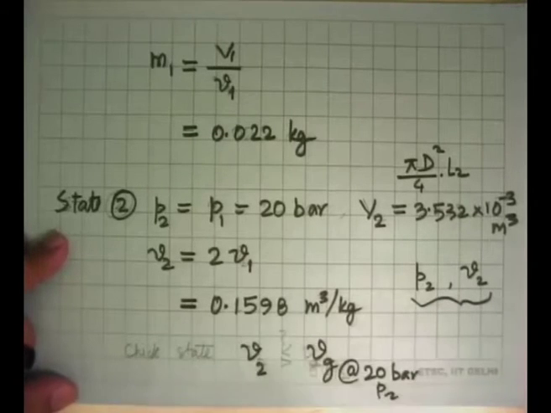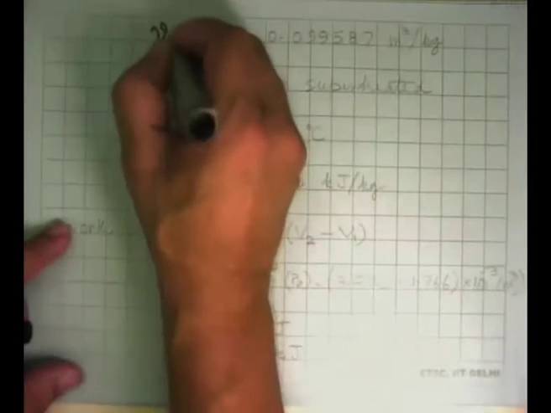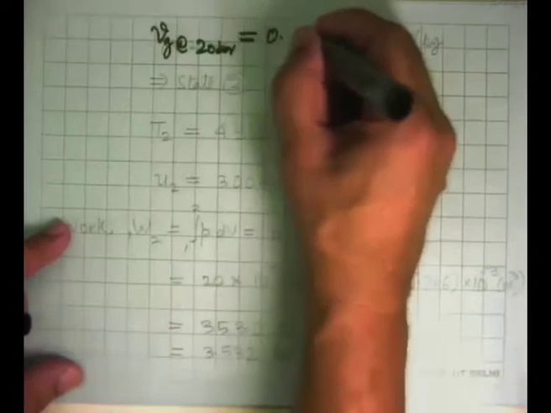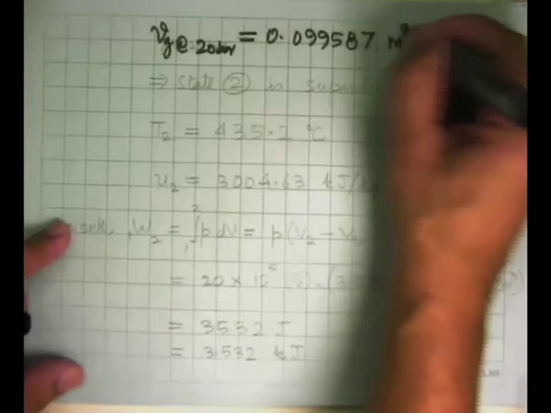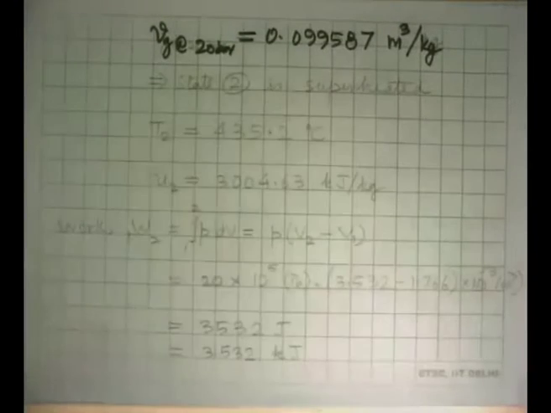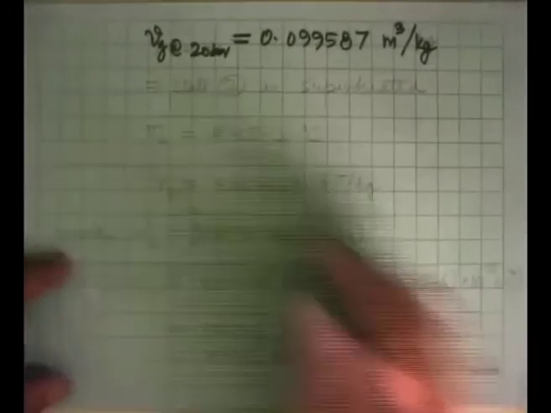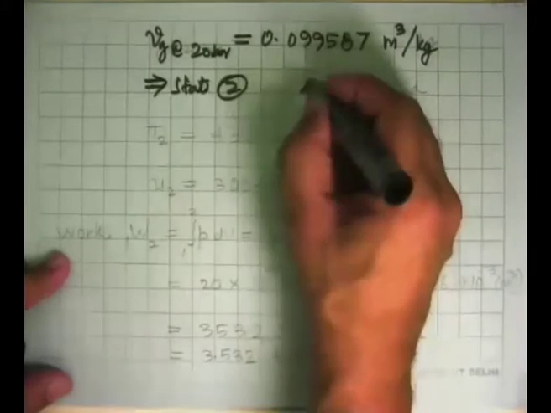So we go to the tables and pick up Vg, and it turns out that Vg at 20 bar is 0.09958 meter cube per kg. And V2, which we just calculated here, was 0.1598, which is more than this. So this means state 2 is superheated.